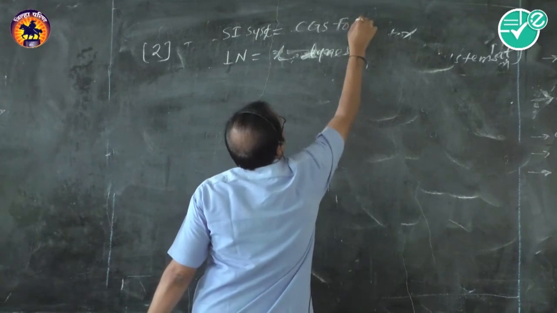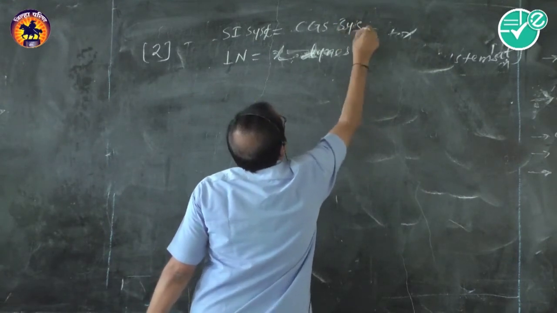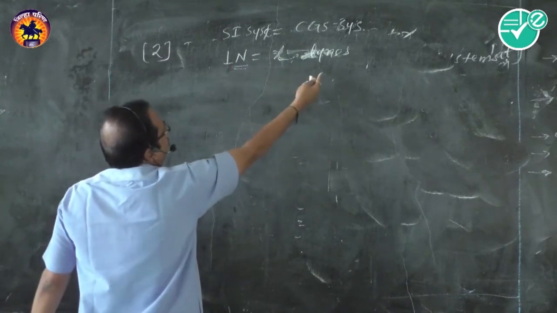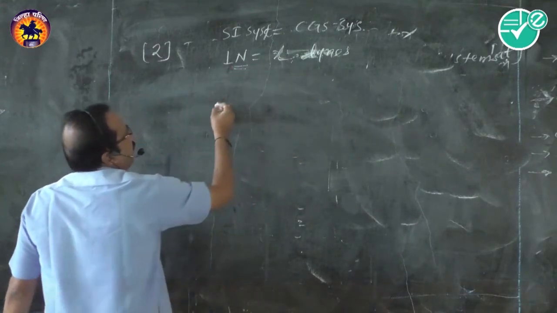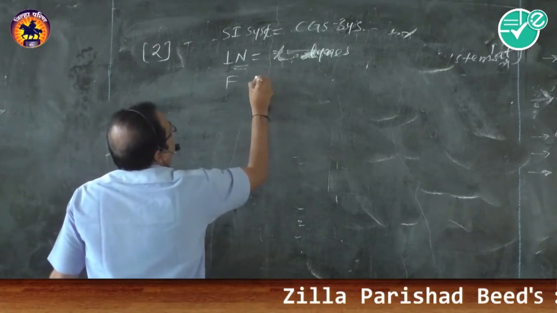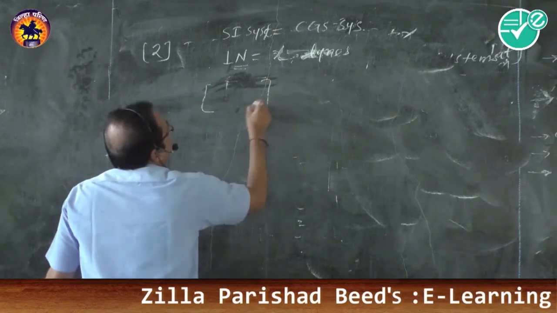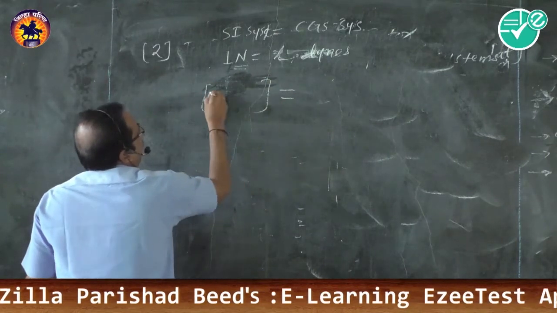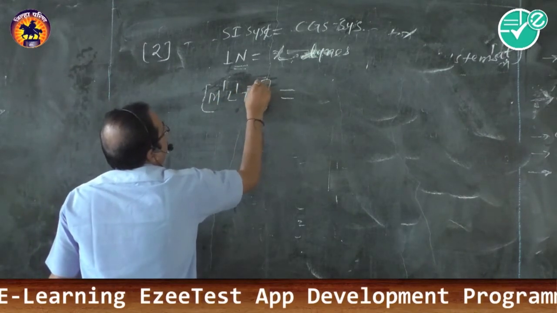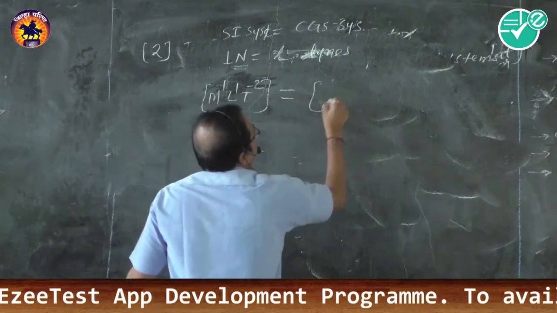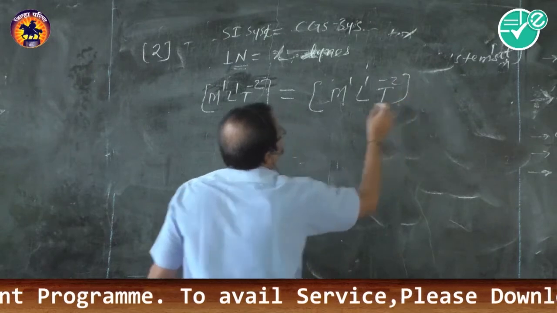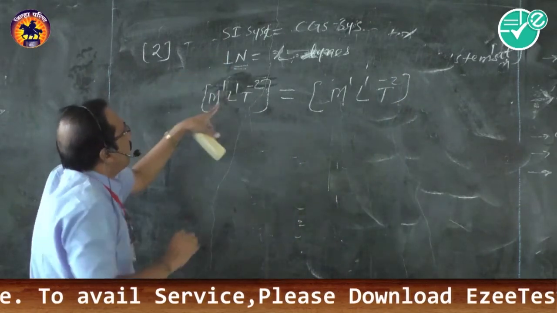We are going to find the conversion factor of 1 Newton into dynes in the other system, that is the CGS system. Let us find F, the dimensions of force in SI unit. F is equal to M1 L1 T minus 2, and the dimensions of force here are again M1 L1 T minus 2.